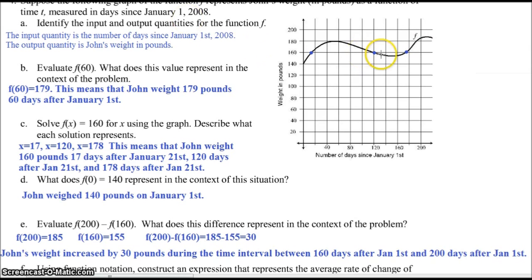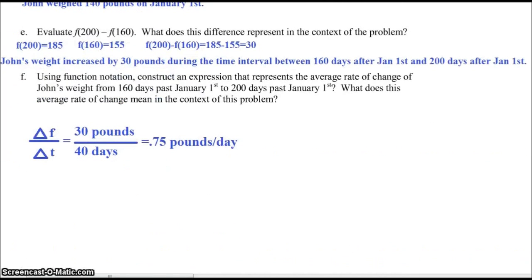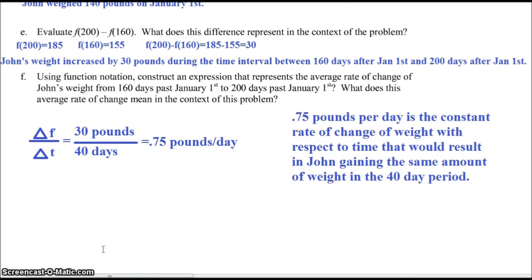But if we want to consider the constant rate of change that would be needed such that he could gain the same amount of weight in the same amount of time, equivalent to the slope of the line connecting those 2 points, that's what we have here with the 0.75 pounds a day. So 0.75 pounds per day is the constant rate of change of weight with respect to time that would result in John gaining that same amount of weight, or 30 pounds, in the 40-day period.